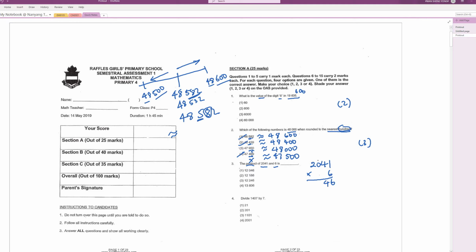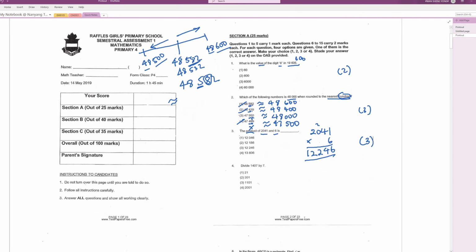So we write the 4 over here and 2 on top. 0 times 6 is 0. Then we add the 2, so this one becomes 2. Then lastly, 2 times 6 is 12. So we write the number 12. So the correct answer is 12,246, and that is option 3.